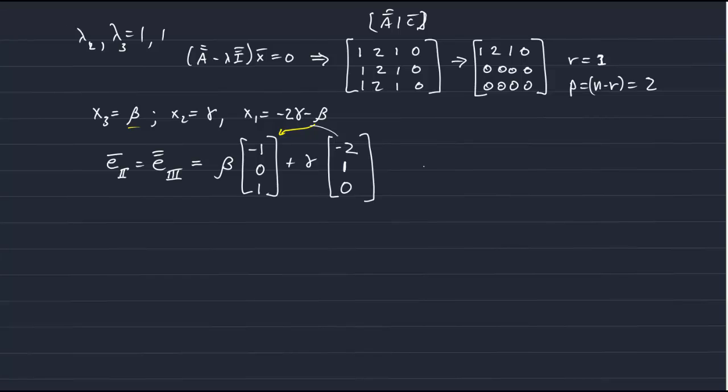And so we would say that the eigenspace of lambda 2 and lambda 3, which is equal to 1, is the span of the 2 vectors minus 1, 0, 1 transpose, if we describe a vector as being a column vector, and minus 2, 1, 0 transpose.